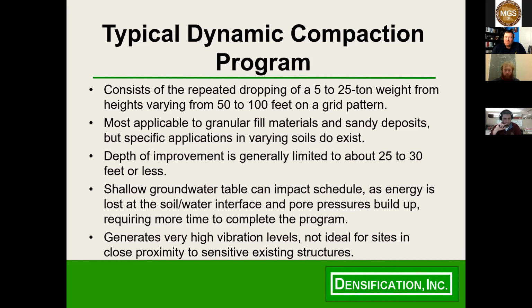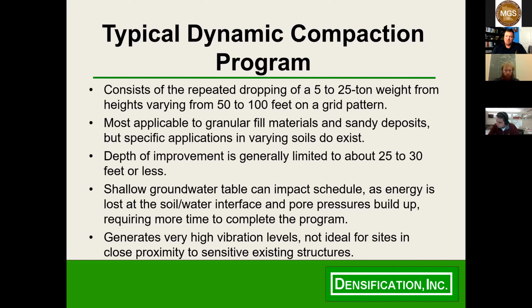Generally 25 feet or so is where I feel pretty comfortable getting an improvement. You can push the upper end of that 25-ton weight, maybe get up to 30 feet if the soil conditions are right. But if you're looking for something deeper than this, maybe you need to be thinking about a vibro option or rigid inclusions or something that can get you a deeper level of improvement.